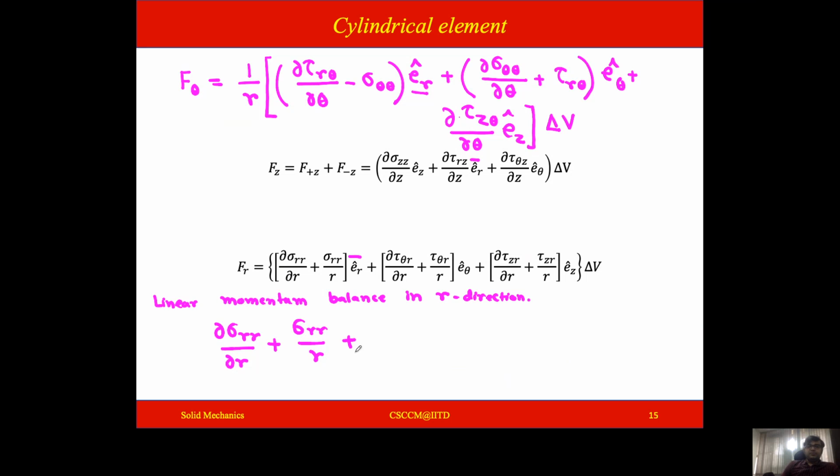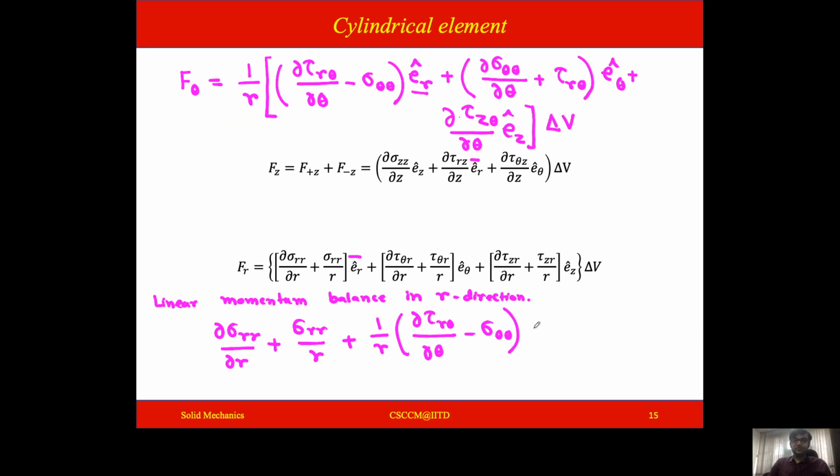Then you add it up with F theta. And in case of F theta, what is acting in the R direction? You have 1 by R common, and then you have del tau R theta del theta minus sigma theta theta, right?